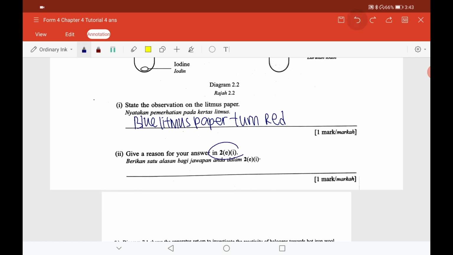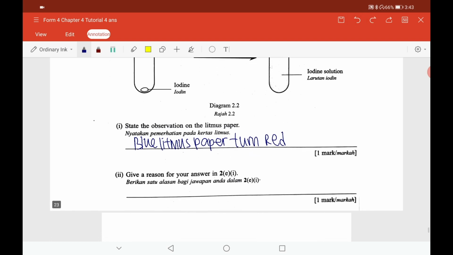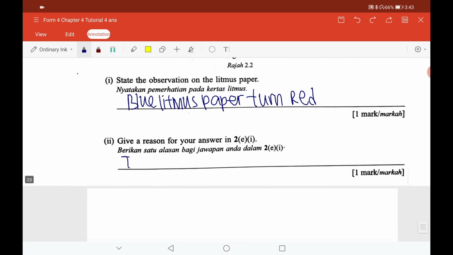So why does the blue litmus paper turn red? It is because when iodine, or the so-called group 17, reacts with water, you always produce acid.